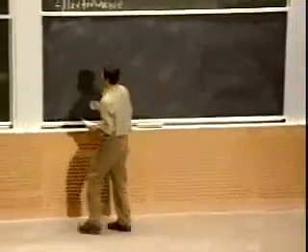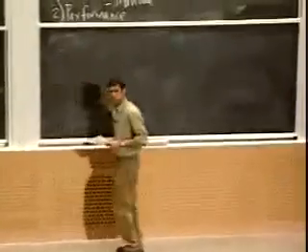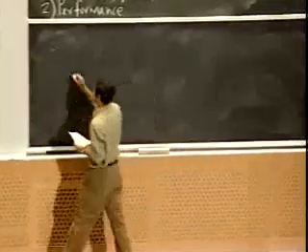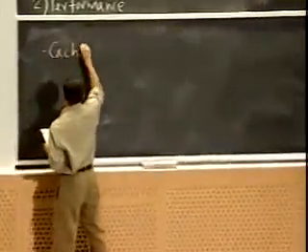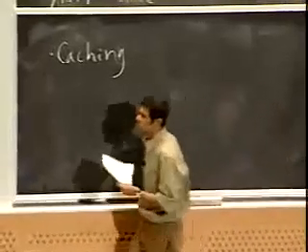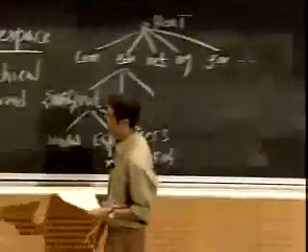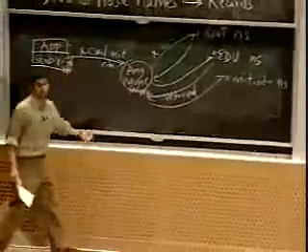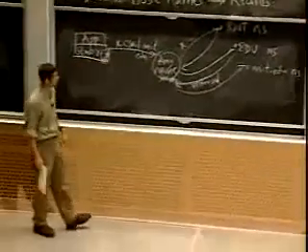So the approach that we're going to take to solve the too-many-round-trips problem is an approach you've already seen. We're going to use caching. And in order for this caching to work, there's something in this picture that you have to understand in a little bit more detail about two different kinds of name resolution that are really going on.